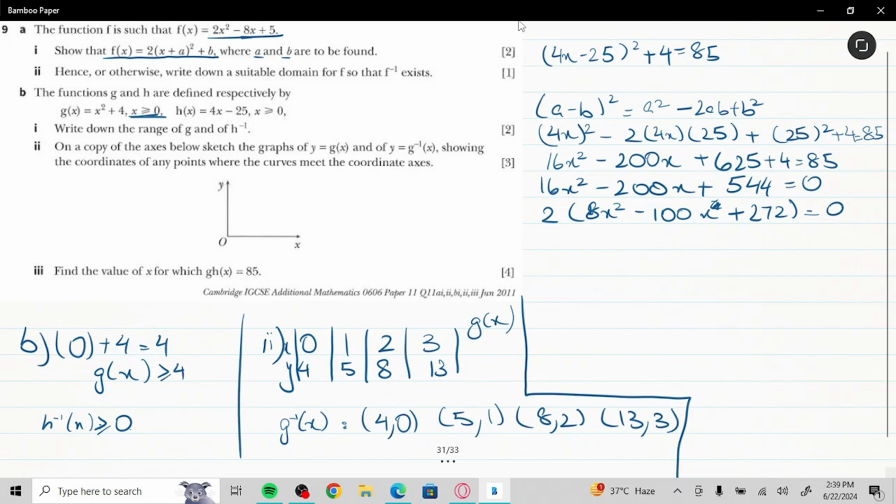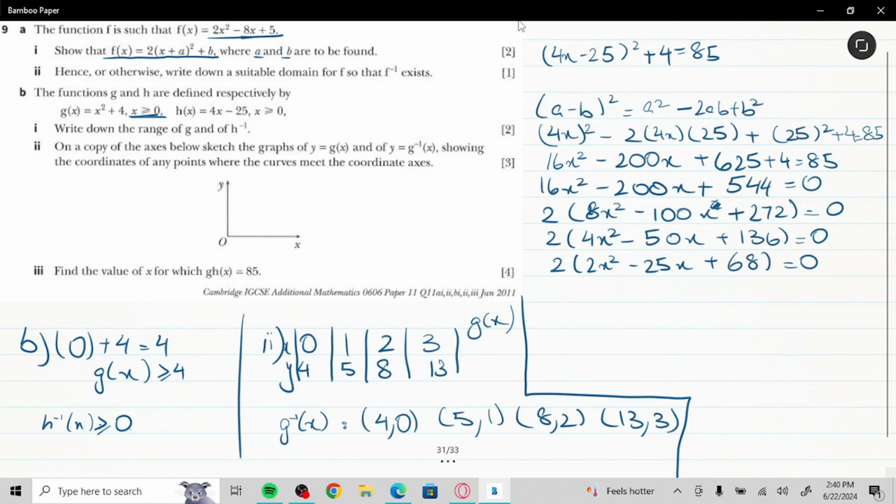It's going to be further factorized by 2: 4x squared minus 50x plus 272 divided by 2, that is 136. And we can again take a common factor of 2: 2x squared minus 25x plus 136 divided by 2, which is 68, equals 0.